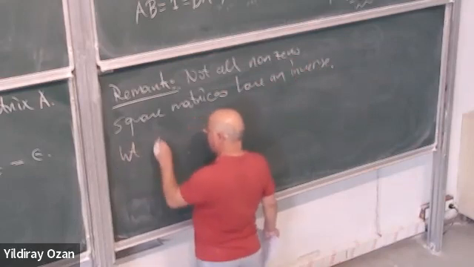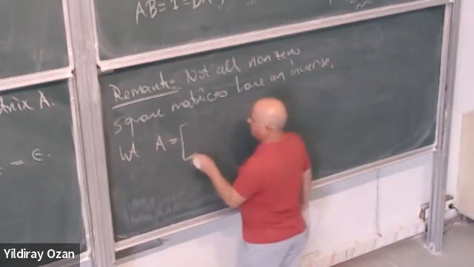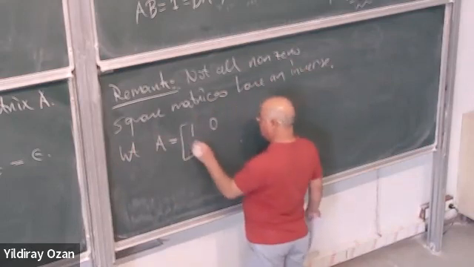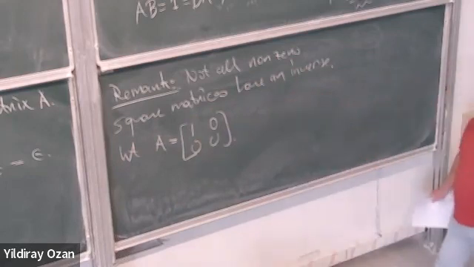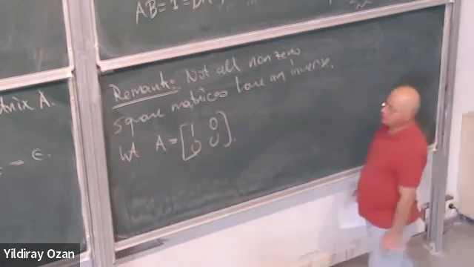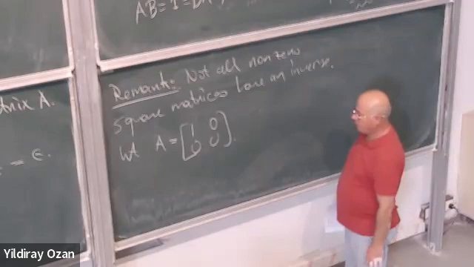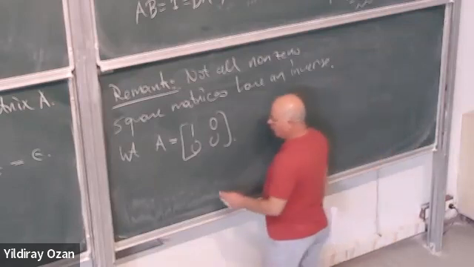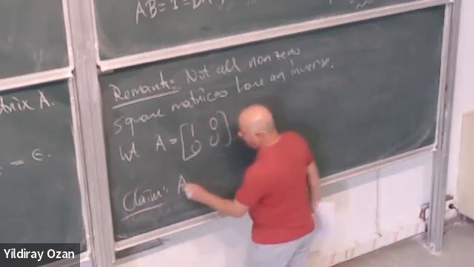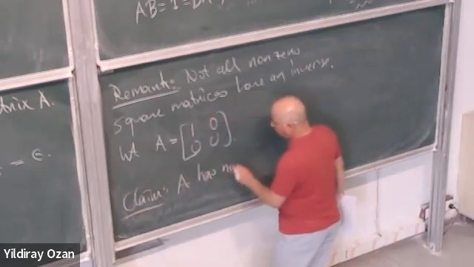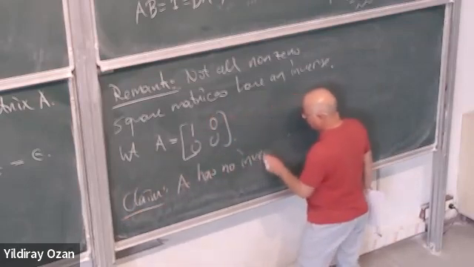Let A be this matrix: 1, 0, 0, 0. Okay. This matrix has no inverse. Why is that? So I claim this: A has no inverse.